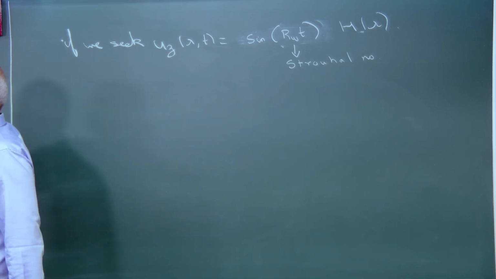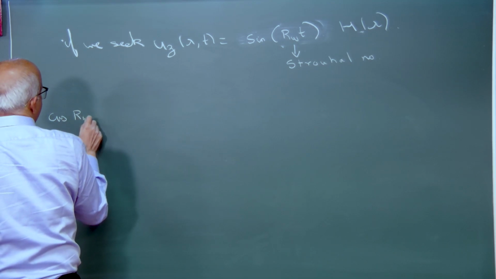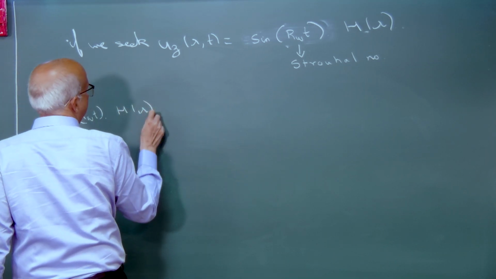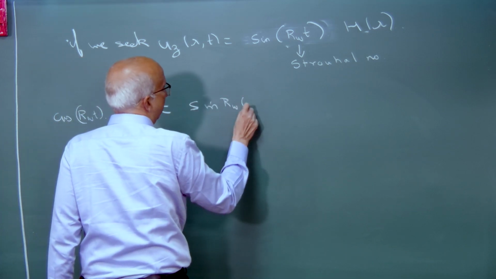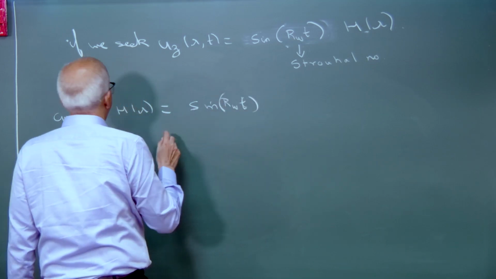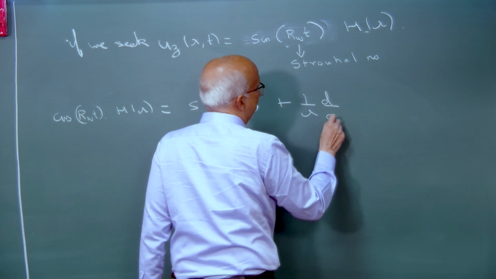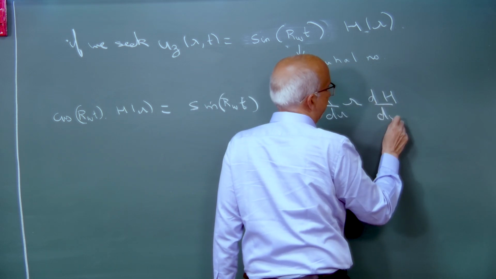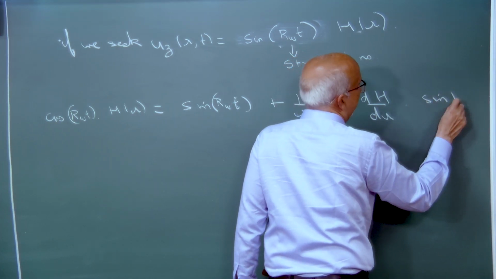You substitute it here, what we get is cosine Rw t multiplied by h of r equals sin Rw t plus 1 by r d by dr of r dh by dr times sin Rw t.